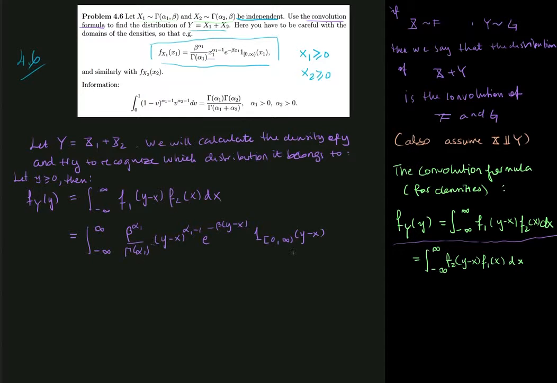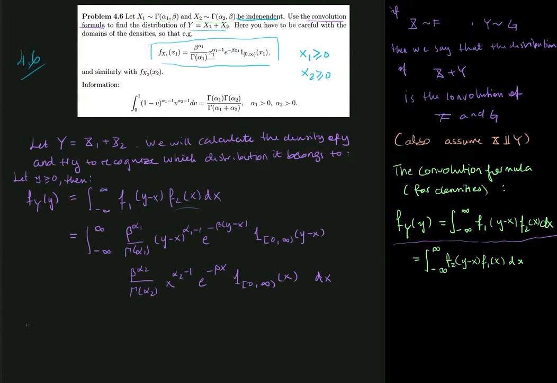And then I'm done with f1, so now I have to go on to f2, which is beta to the alpha 2 divided by gamma of alpha 2 multiplied by x to the alpha 2 minus 1 e to the minus beta x. Am I done? No, I also have to remember the indicator where I need x to be greater than or equal to 0. And then I can write dx.